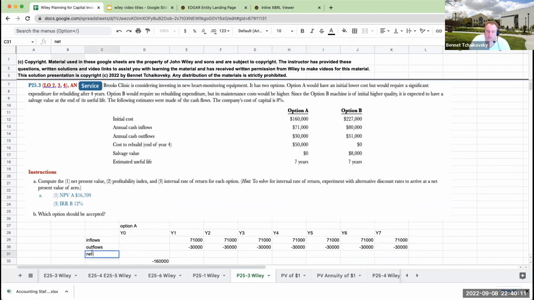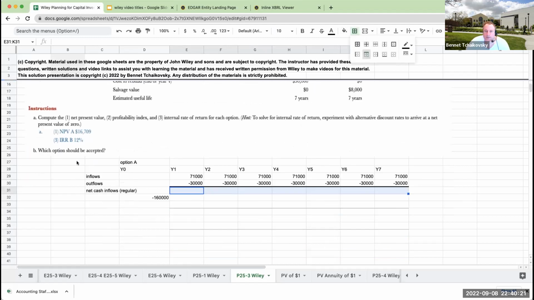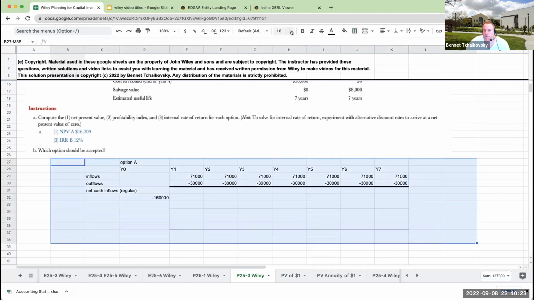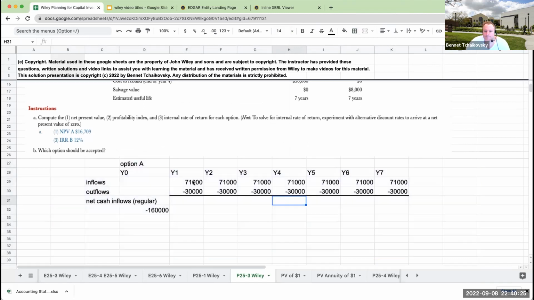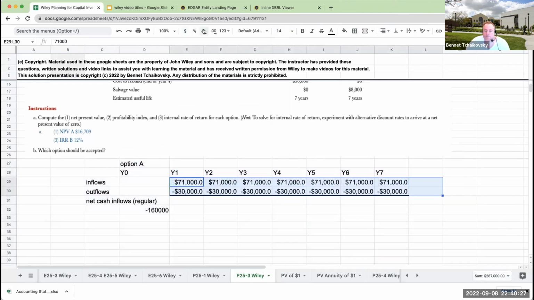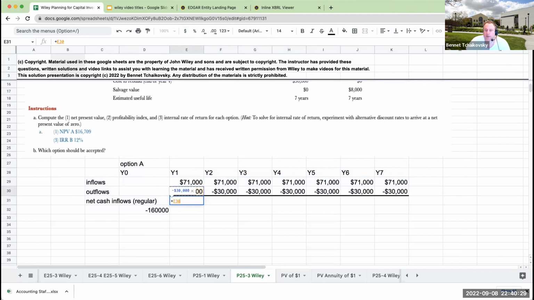So my net cash inflows, I'm going to call this regular. I'm going to deal with that maintenance cost in a little bit, and I'll tell you why I'm doing it this way shortly. So my net cash inflows are going to be 41,000 per year.